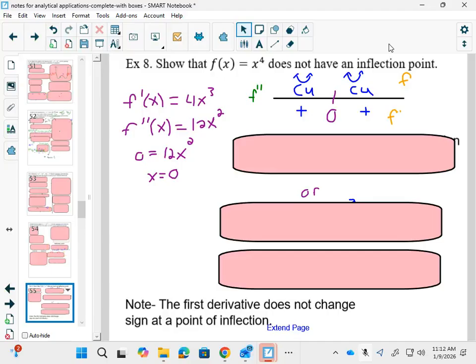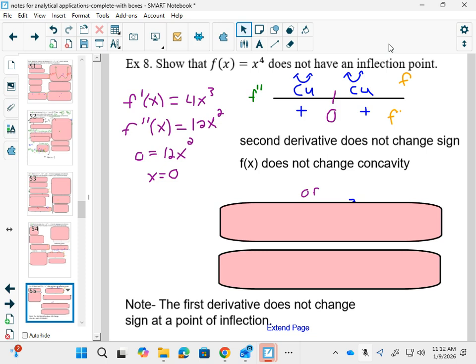So even though it equals 0, it doesn't change concavity. That's the main way that I would show it.